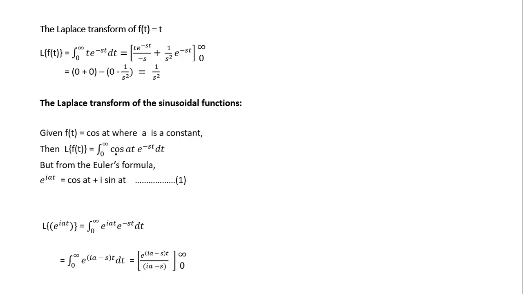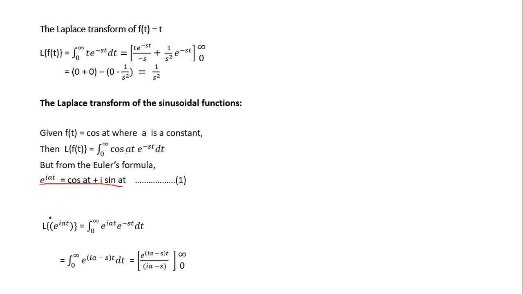But we have to transform this one into a form we can use. Let's apply Euler's formula, that is exponential iat equals cos at plus i sin at. You know when we did complex numbers. So with that you can now transform everything there.